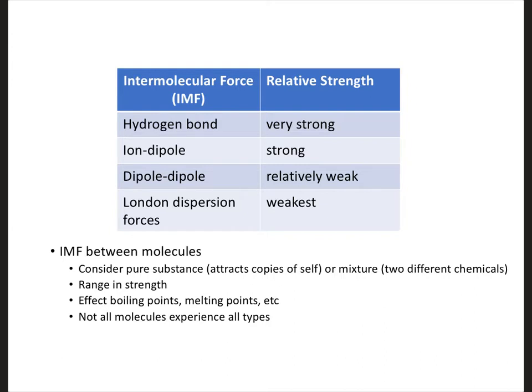And so you just look at one copy of that next to a copy of itself and say, okay, what kind of interactions can these things have? Or they might say, okay, mix these two things together, and when they mix together, what type of interactions can you have between these two different types of molecules? Because there's a range in strength, that is going to affect how attracted these two molecules are to each other.